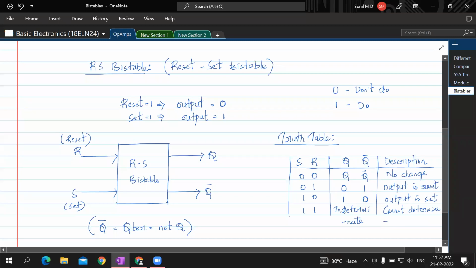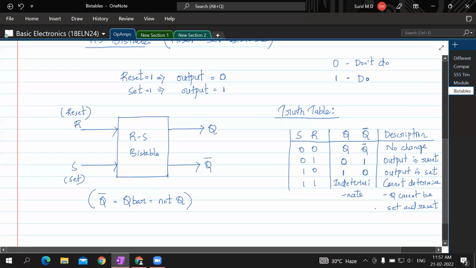We cannot determine this since Q cannot be set and reset at the same time. So this is what you should understand. Is this truth table okay with you? Everybody understand this now?